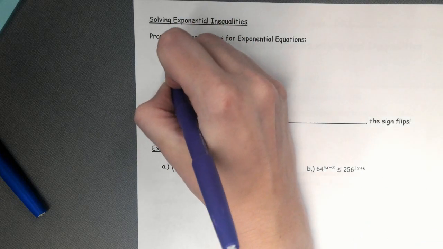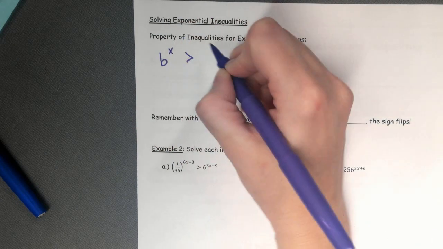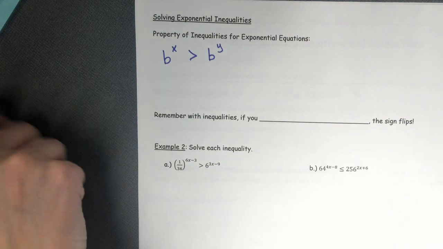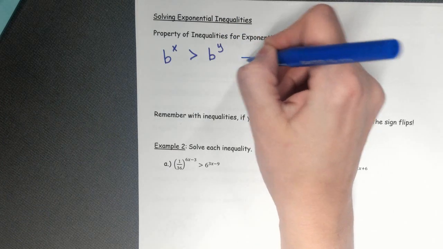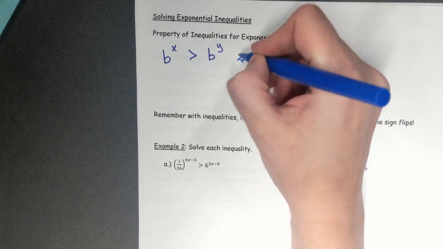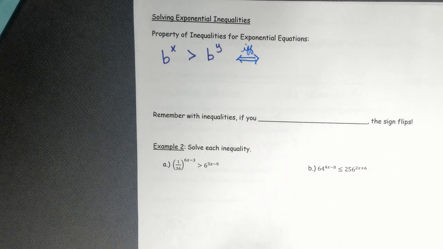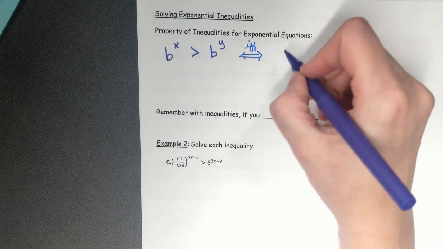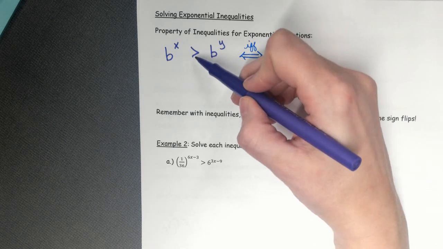So if you have b to the x is greater than b to the y, that is true if and only if. Did you guys ever use the if and only if like this or no? The IFF? Have you seen that before? So some of you have and some of you haven't. Interesting.